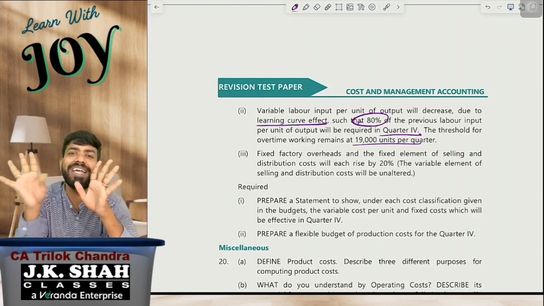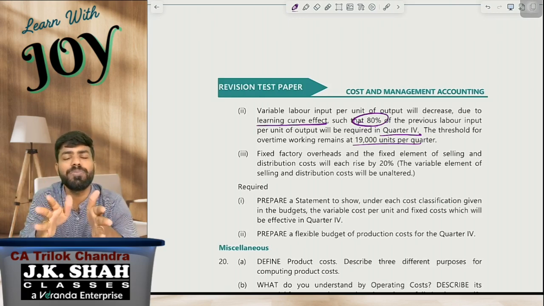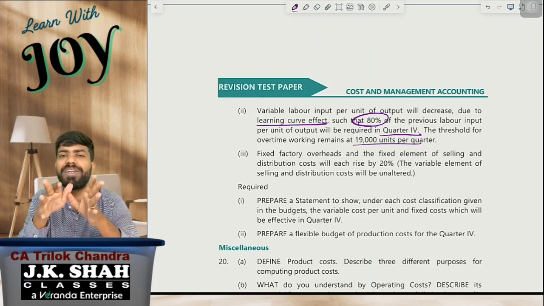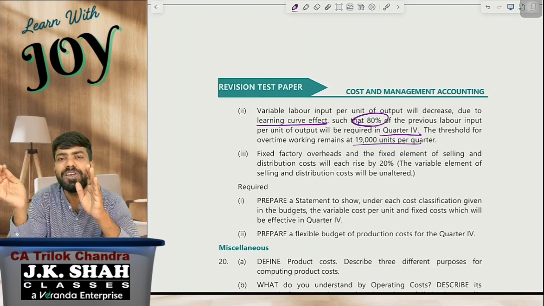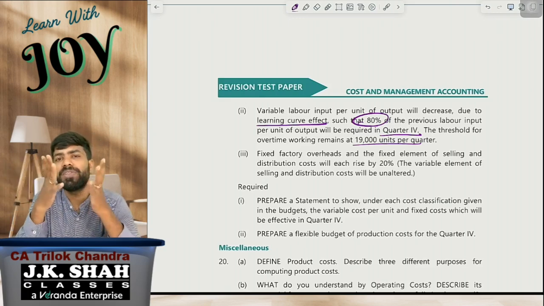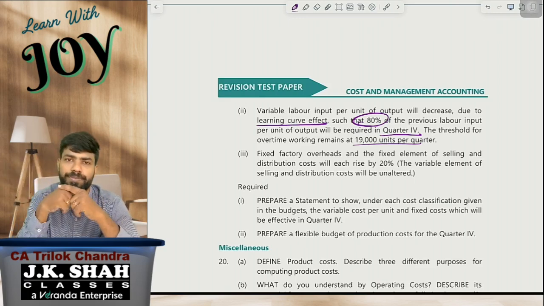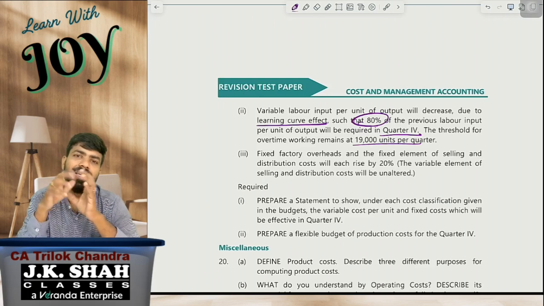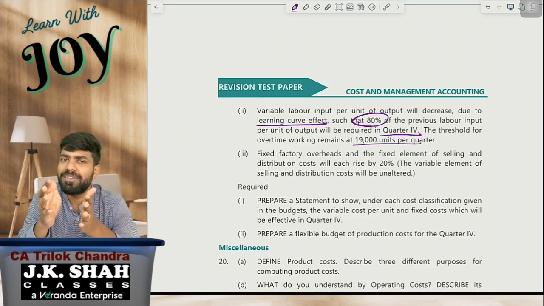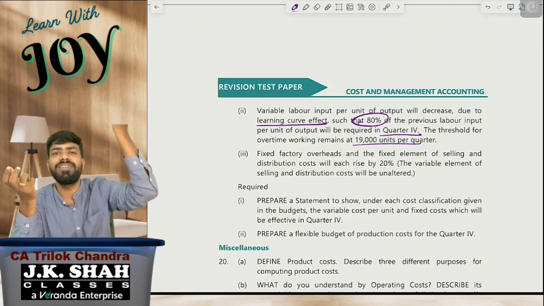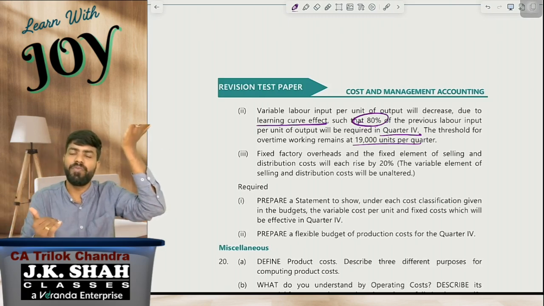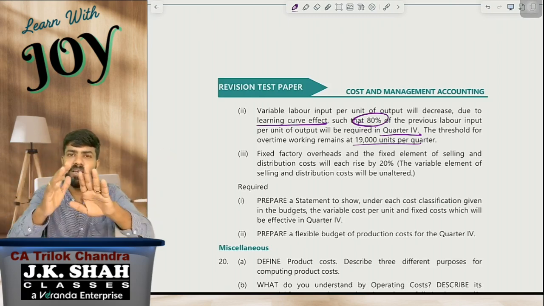Just as an example, same question paper for 10 times you are writing. First time you may take more than 3 hours, but second time 3 hours, third time it will be slightly reduced. By the 10th time you will be completing within 2 hours because of the learning curve. That is what they are mentioning here. Here they are mentioning 80% is the labor time that is possible. So on one side labor cost is increasing, on the other side labor hours is decreasing. One factor is increasing, other factor is decreasing. Keep it in mind. Next.